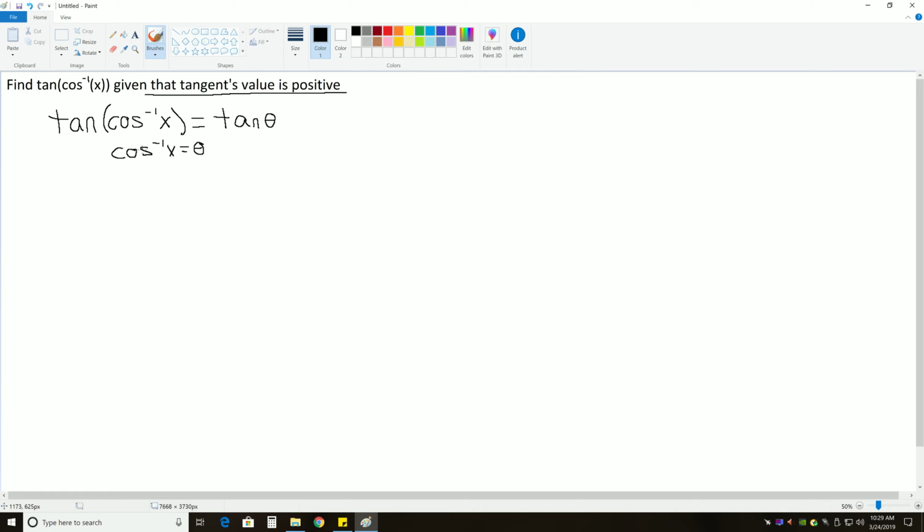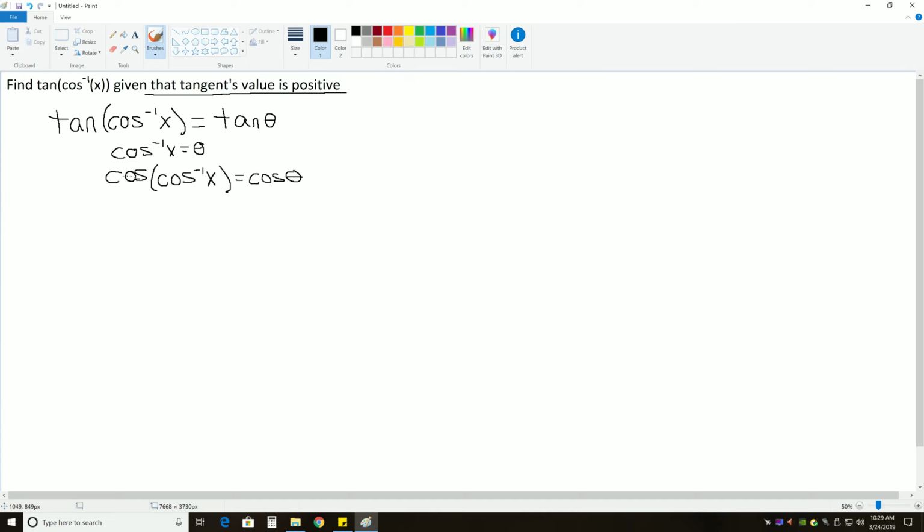And now, just like when we dealt with any type of algebraic equation, even though this is a trig equation, we still want to get our x alone. So in order to get x alone, we need to cancel out this cosine inverse. And the way that we can do that is by finding cosine of each side of the equation. So we have cosine of cosine inverse of x is equal to cosine of theta.